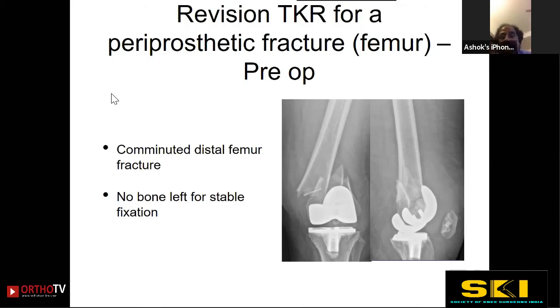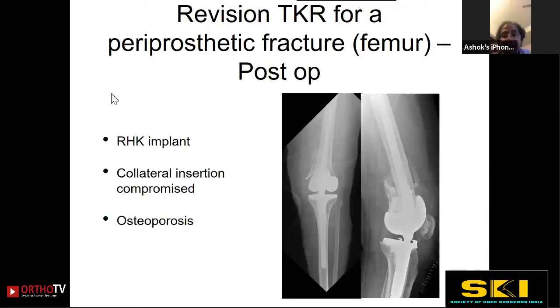If you can go to the post-op picture, Parag, thanks. So in this, we've actually used a TM augment. We have used a long stem. We have used a rotating hinge, and in comminuted fractures, we have at times used up to 3 TM augments stacked like a seekh kebab.